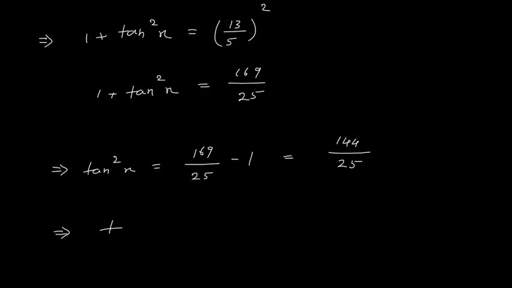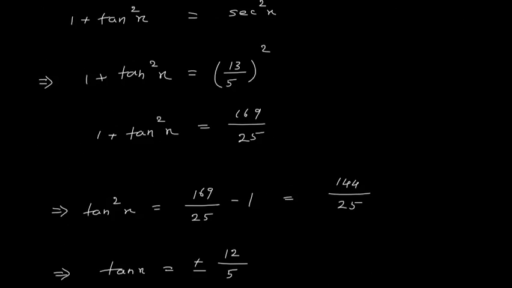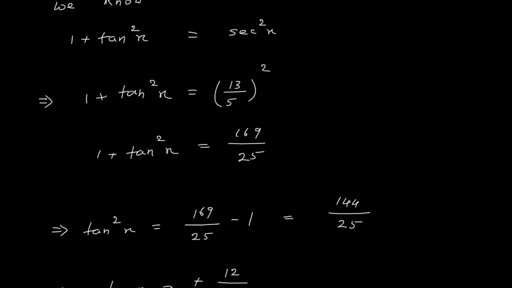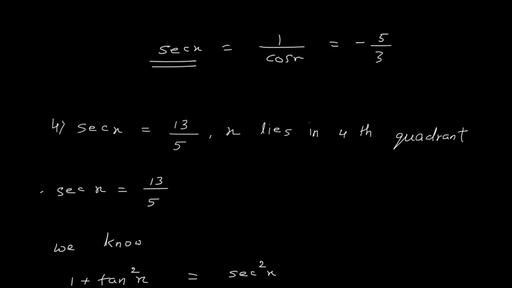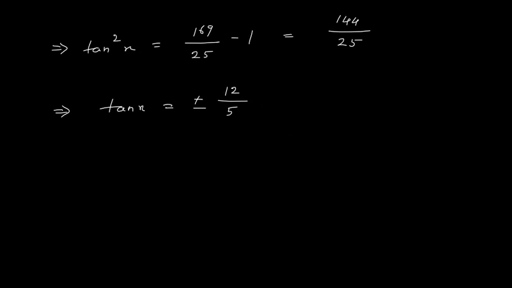So tan x is equal to plus or minus 12 divided by 5. We got the value of tan x. Now x lies in the fourth quadrant.